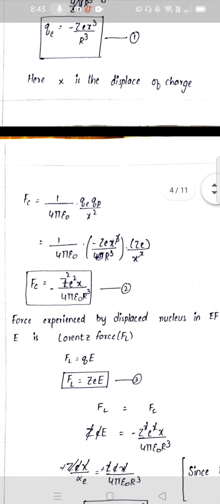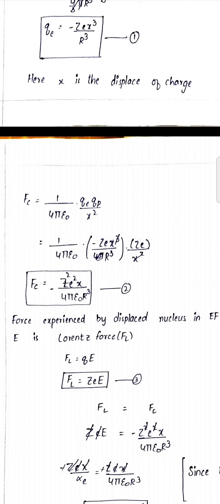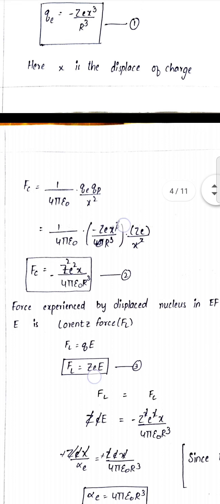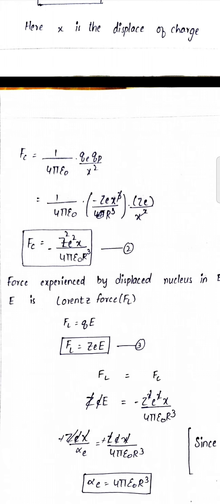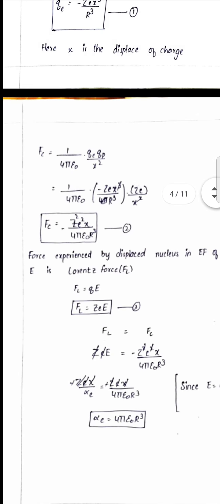The positive charge is Ze. We will not mention the minus because the charge of the proton is e into the atomic number. By solving this we get Fc equals minus z square e square x by 4 pi epsilon naught r cube. We'll mention it as equation 2.